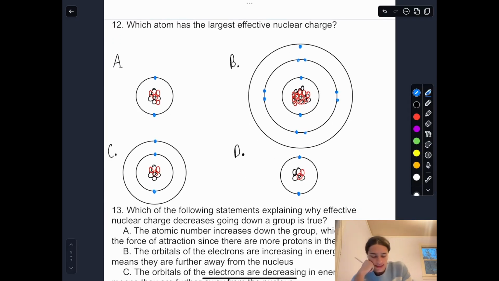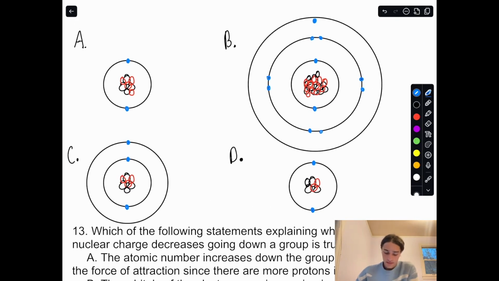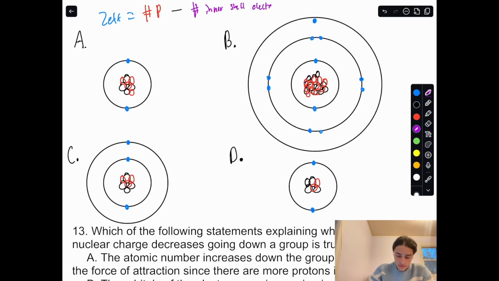Which atom has the largest effective nuclear charge? Okay, the way you calculate this is Z effective, which is effective nuclear charge, equals the number of protons minus the number of inner shell electrons. So for A, this atom has 4 protons and 2 electrons.